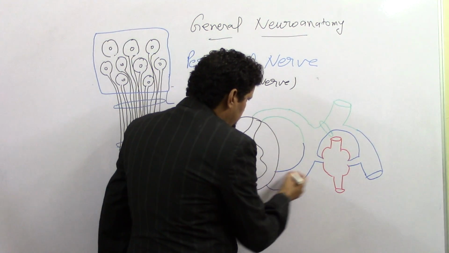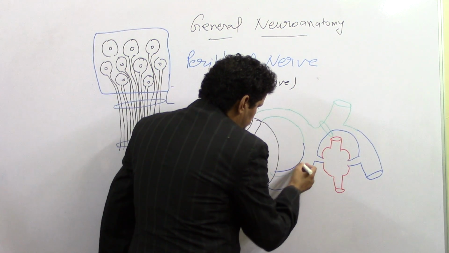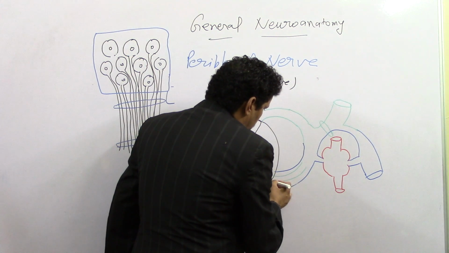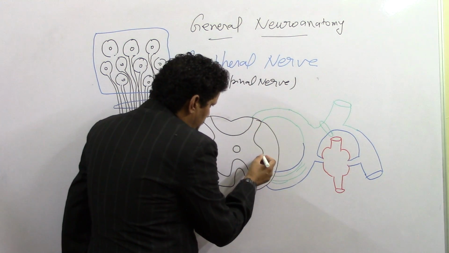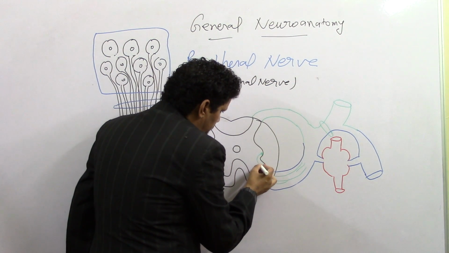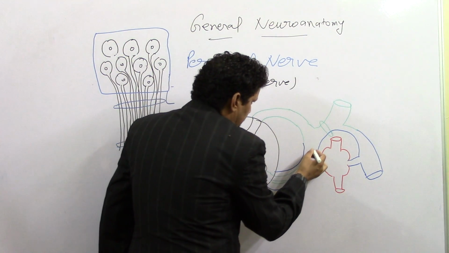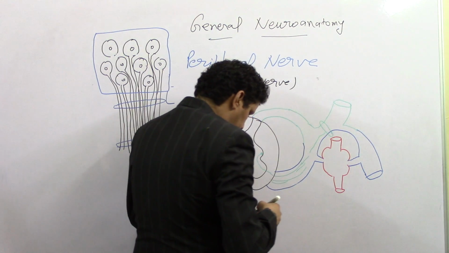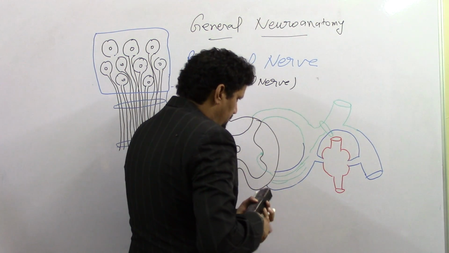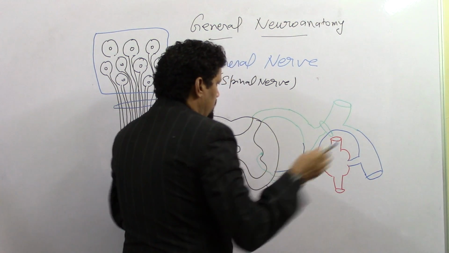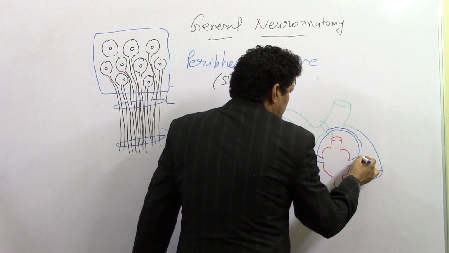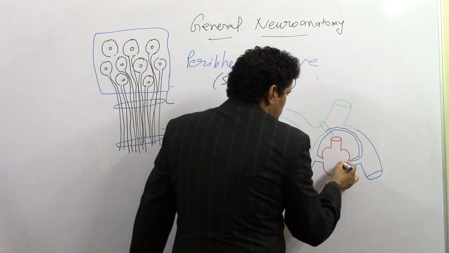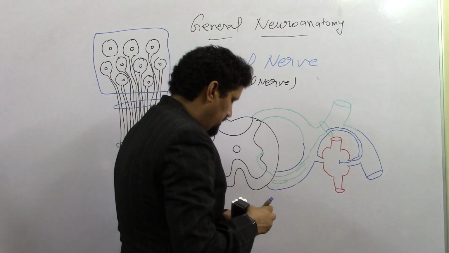The fibers which are coming from the lateral horn will enter inside this ganglion.